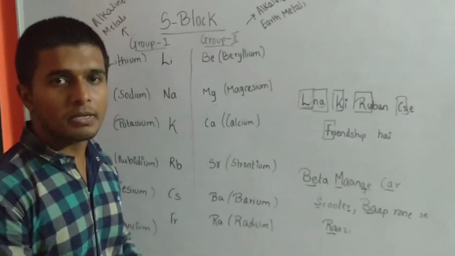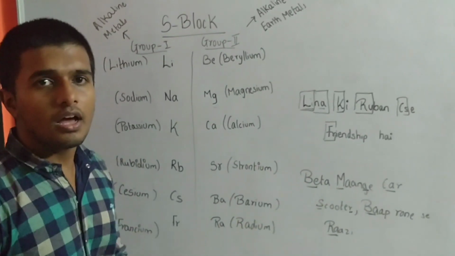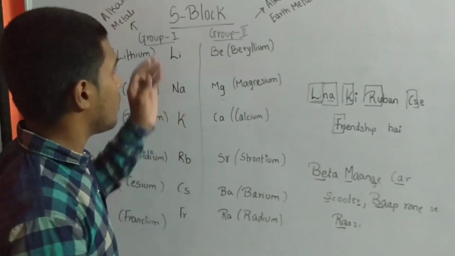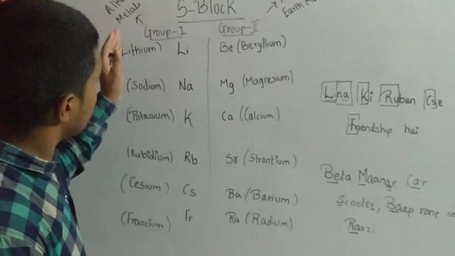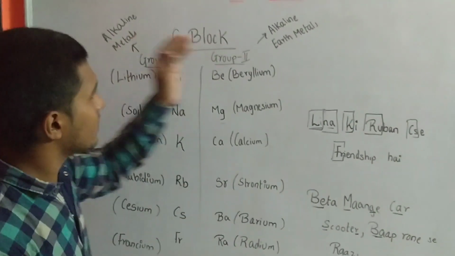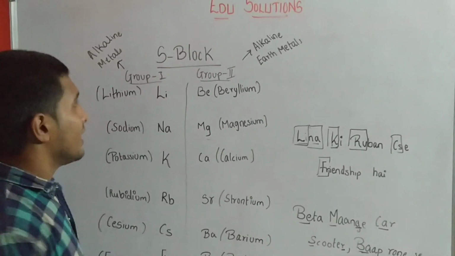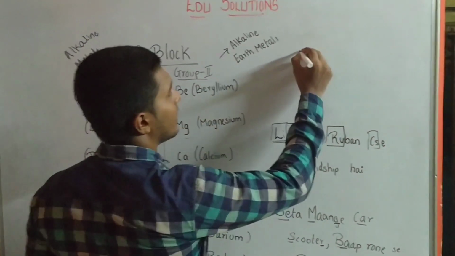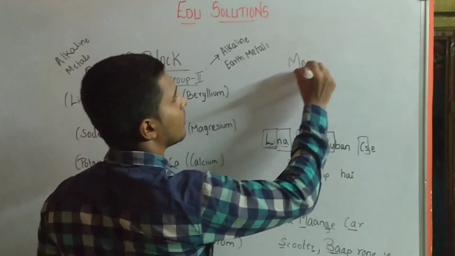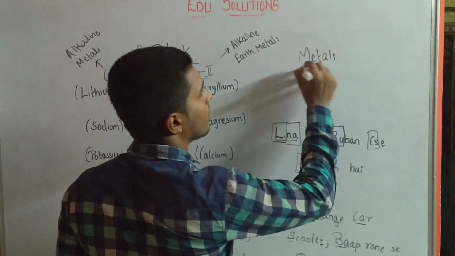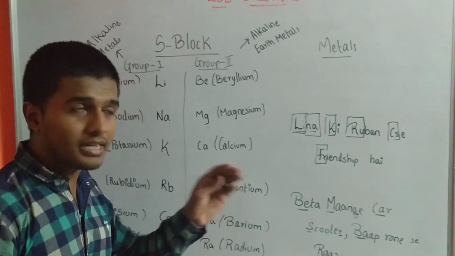We'll move forward to the P block, but before moving to the P block, I have to say a few words on the S block also. It consists of both these groups, alkaline metals and alkaline earth metals. The S block contains elements that are purely metals. One thing you have to keep in your mind is that it contains purely metals.